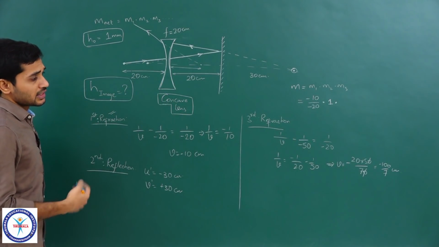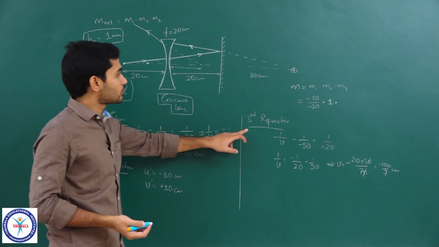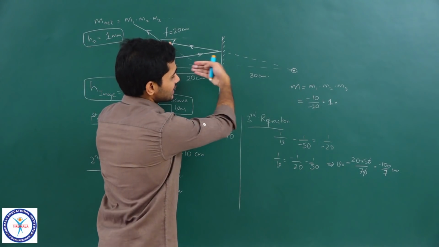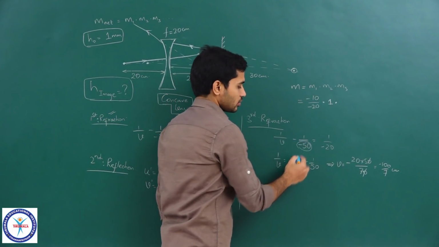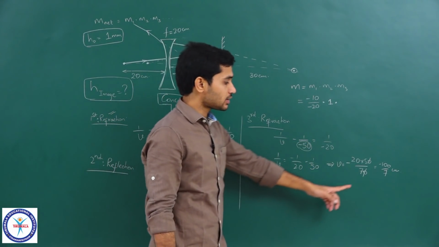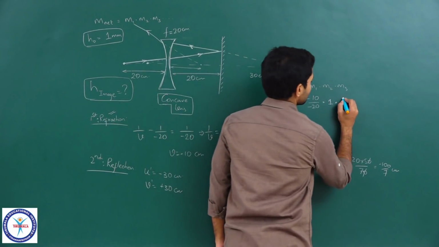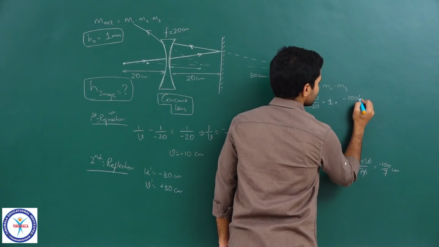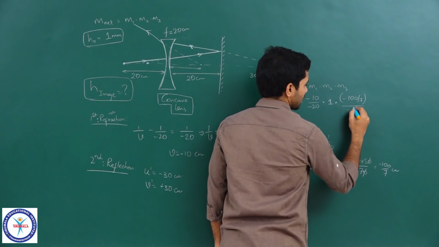Then third case, what is the magnification produced by the lens once again? For the third case, object distance is minus 50, which is what we substituted here. So, minus 50 is the object distance, minus 100 by 7 is image distance. So, minus 100 by 7 is V by U, minus 50.